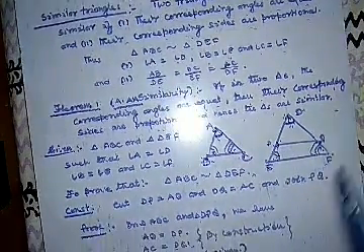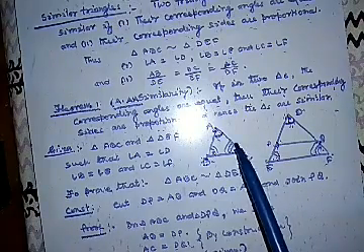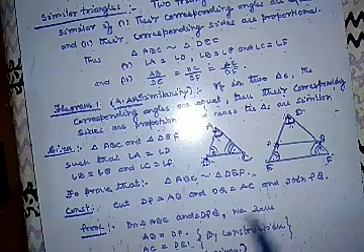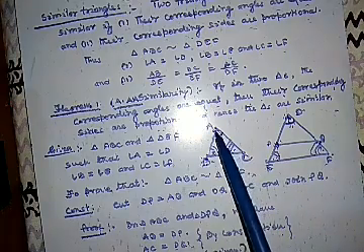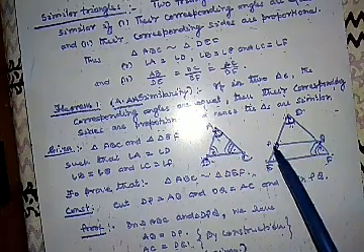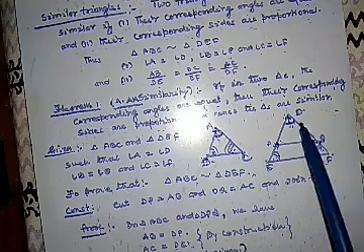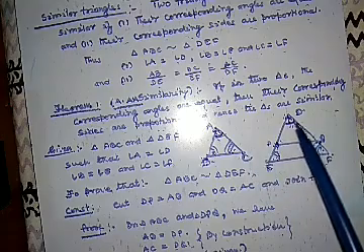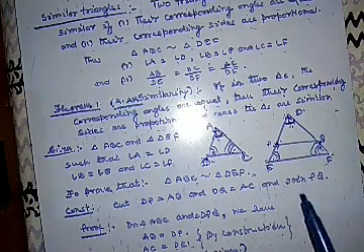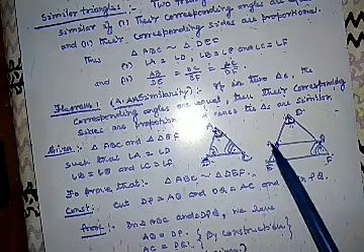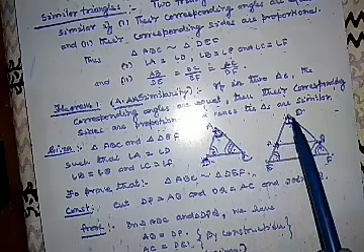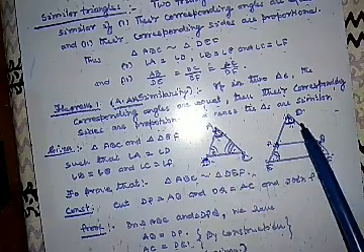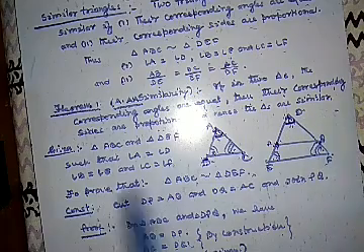and join PQ. Proof. In triangle ABC and triangle DPQ, we get AB is equal to DP and AC is equal to DQ and angle A is equal to angle D. AB is equal to DP by construction, DQ is equal to AC by construction and angle A is equal to angle D given.